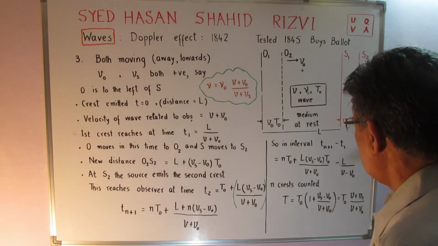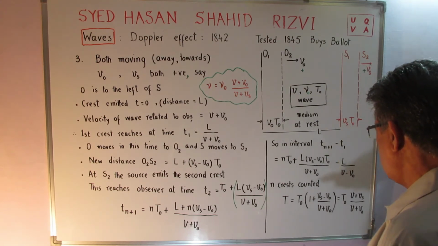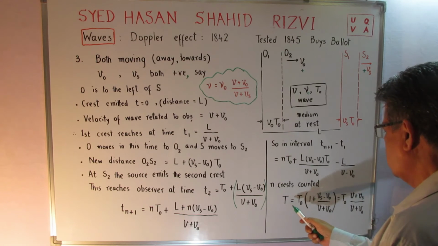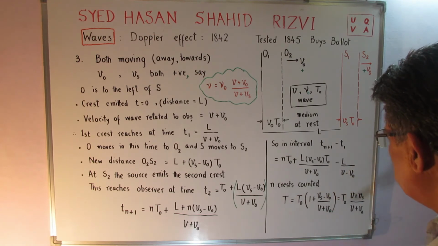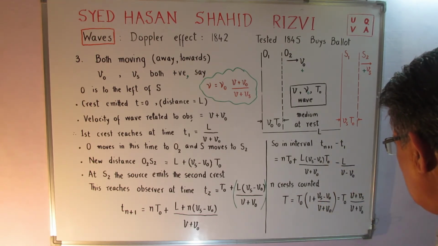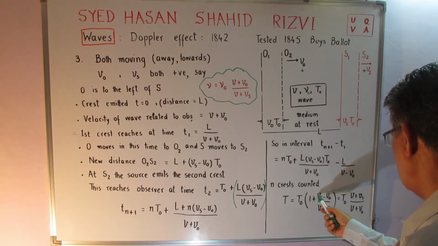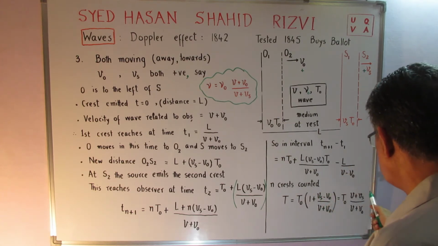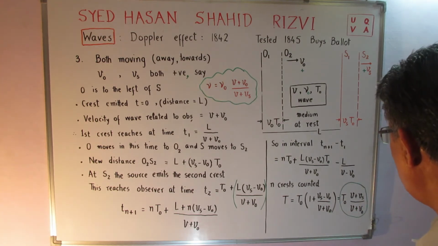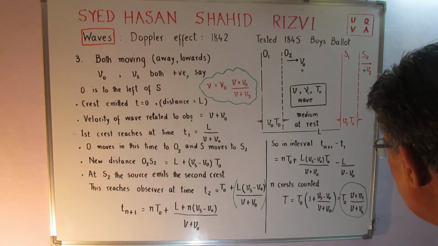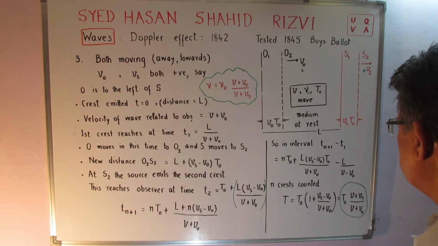So n crests are counted in time t. If we work it out, then t is equal to t naught times 1 plus (vs minus vo) divided by (v plus vo). When I take the LCM, I get v plus vo plus vs minus vo, so this turns out to be t naught times (v plus vs) upon (v plus vo).